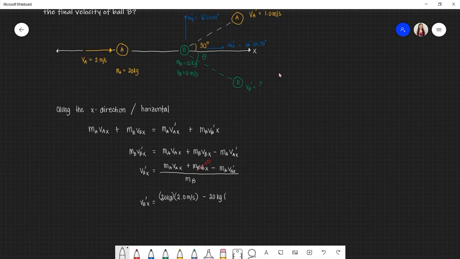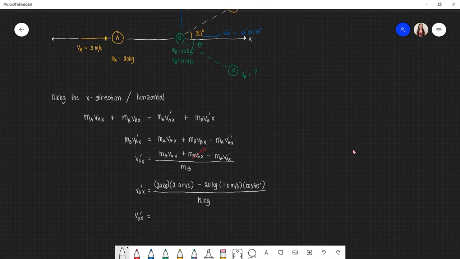The velocity of ball A after the collision is 1 meter per second times cosine of 30 degrees, divided by the mass of ball B, which is 12 kilograms. Okay, so we have the x component of VB prime after the collision.